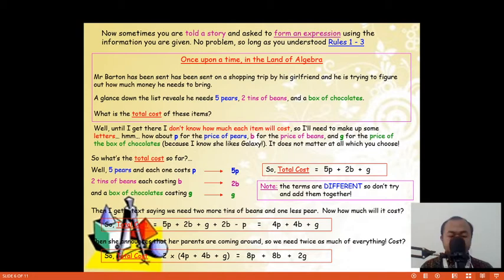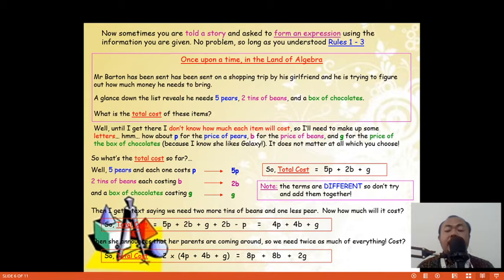Now we need to change these things into the form of algebra. 5 pears we change to 5p, 2 tins of beans we change to 2b, a box of chocolates we change into g. So the total cost is 5p plus 2b plus g.